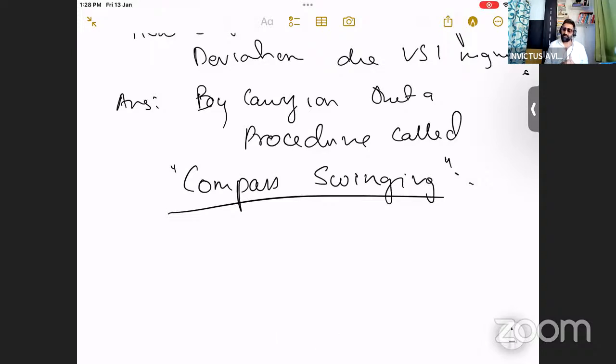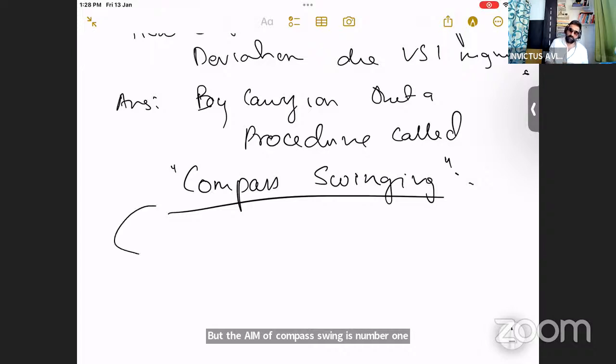Write down, the aim of compass swing is a very important point, okay? The aim of compass swing is number 1, I'm just going to dictate it.